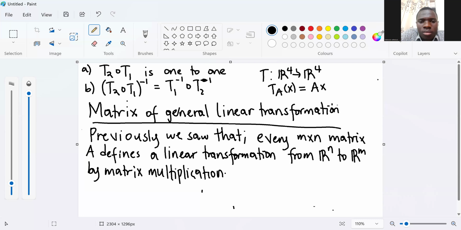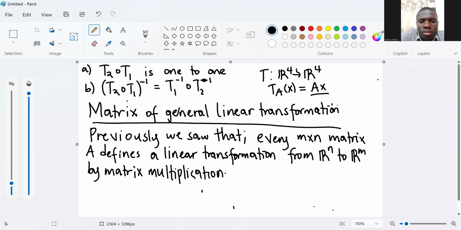So for that case, we are using a matrix to define a linear transformation from R4 to R4. How? By matrix multiplication, where the matrix A multiplies with vector x. So previously, a matrix has been defining a linear transformation via matrix multiplication.